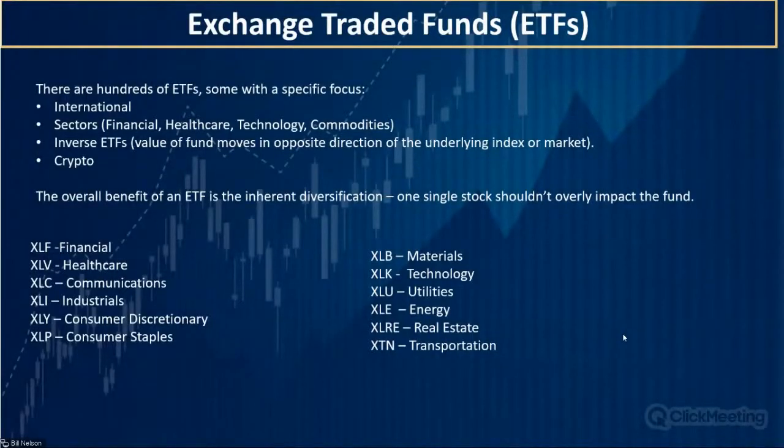The overall benefit, though, of an ETF is the inherent diversification. One single stock in an ETF shouldn't have a dramatic impact on the rest of the fund. So that is a component. I know many people whose retirement is not in individual stocks, but in just ETFs.